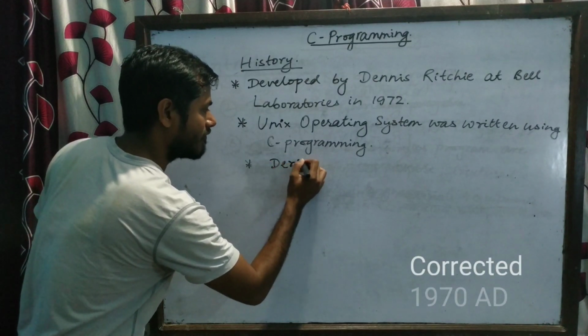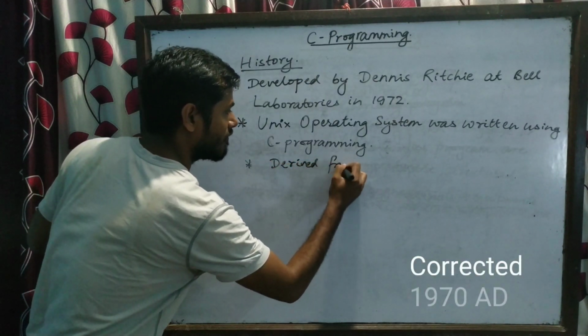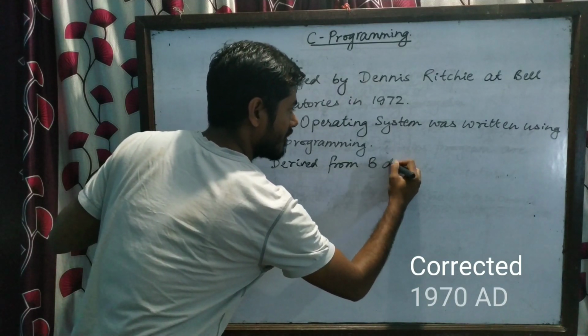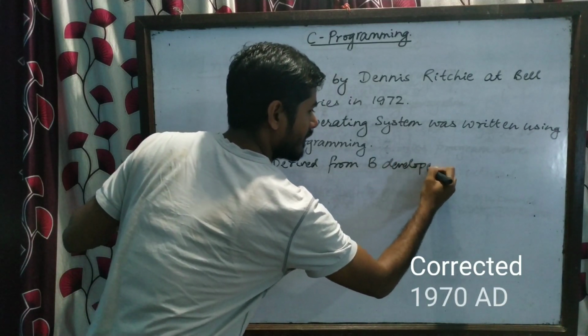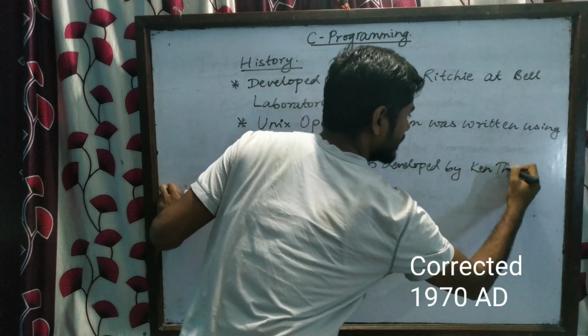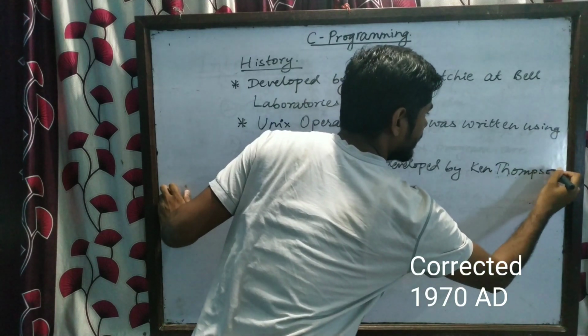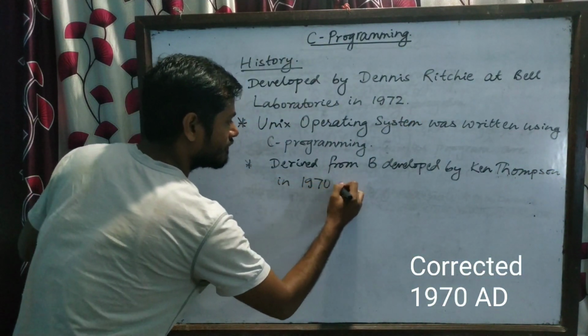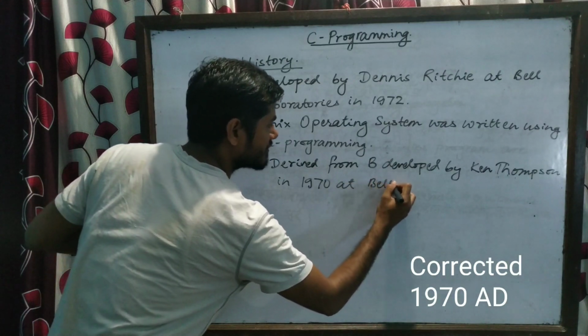So B was derived from BCPL, developed by Ken Thompson in 1972 at Bell Labs.